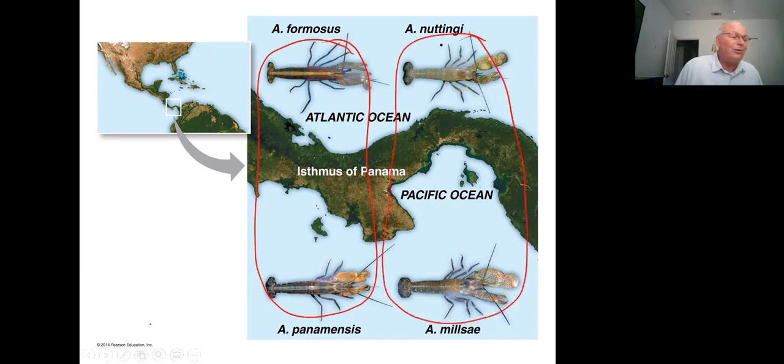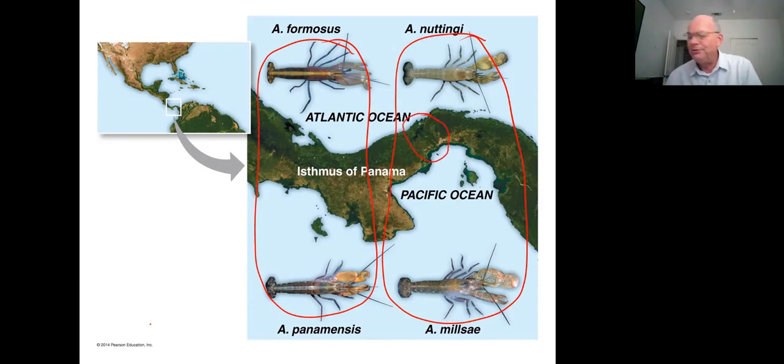And there are, in fact, 12 pairs of sister shrimp on either side of the Isthmus of Panama. You'll notice that the Isthmus of Panama actually runs east-west, and the Panama Canal, which if you look very carefully you can see the evidence of right there, actually runs north-south across the isthmus.